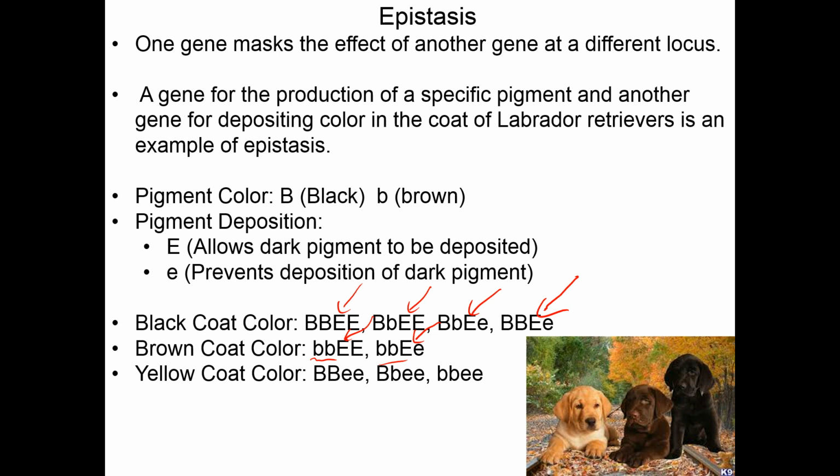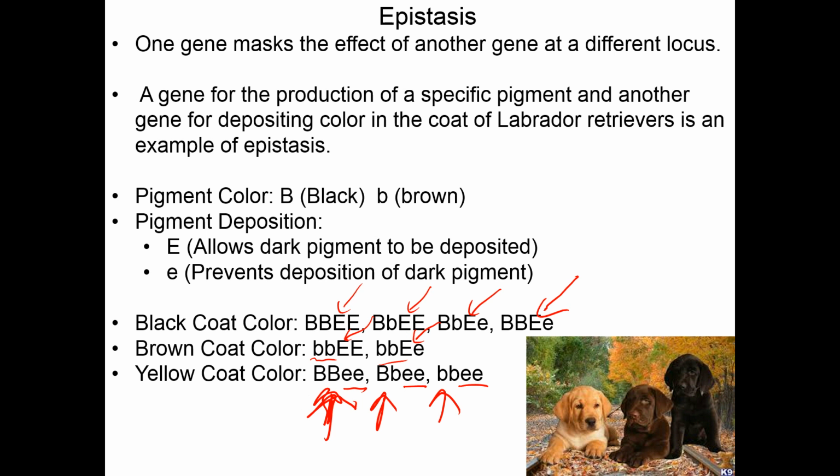Now, if you have an individual that has two copies of the recessive allele for pigment depositing, so they're homozygous recessive for that gene, it doesn't matter what the genotype of the gene for pigment color is.